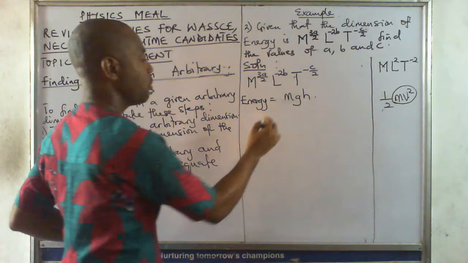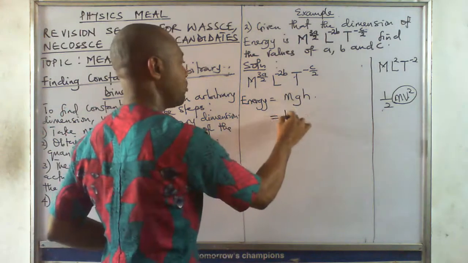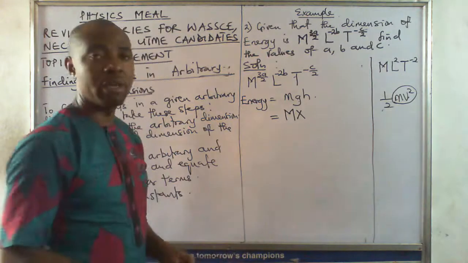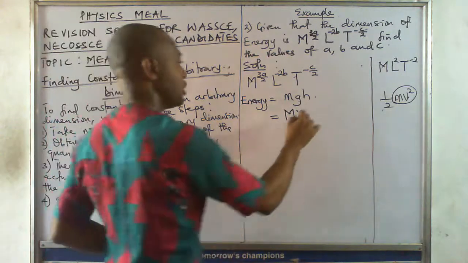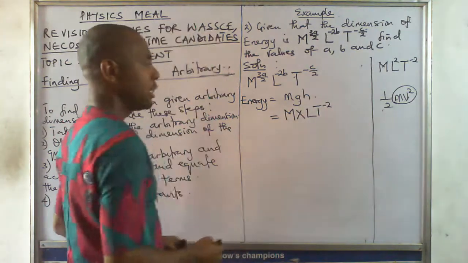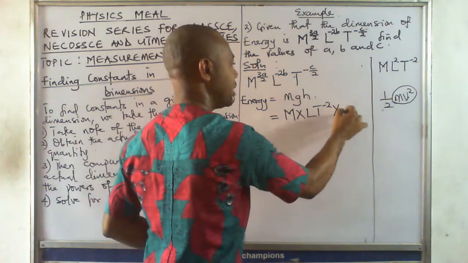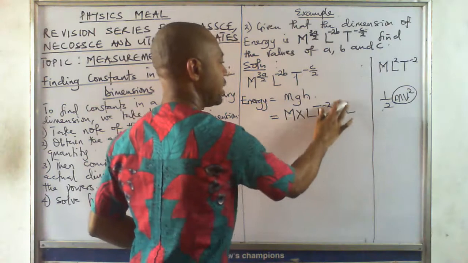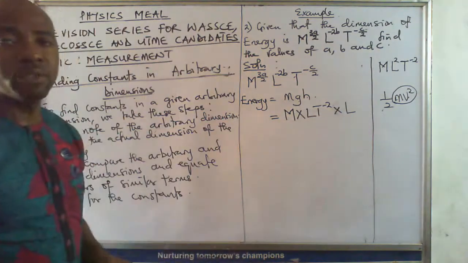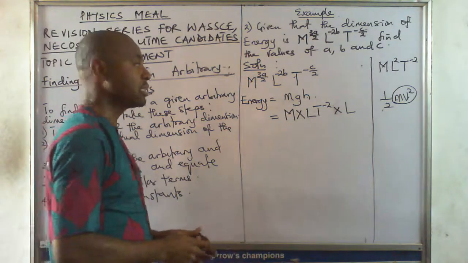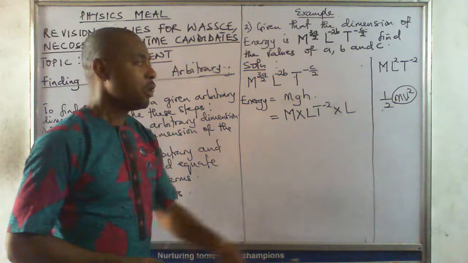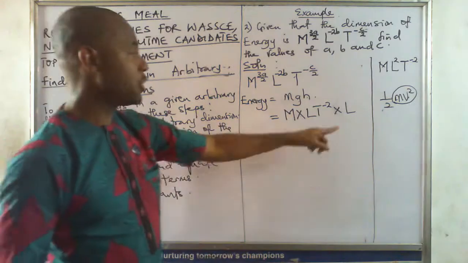Okay, now we look at this. What's the dimension of mass? M. G is acceleration due to gravity, and the dimension is length per time squared. And the height, we have said in our second video that height, length, breadth, altitude, width, distance, displacement all have the same dimension as length.